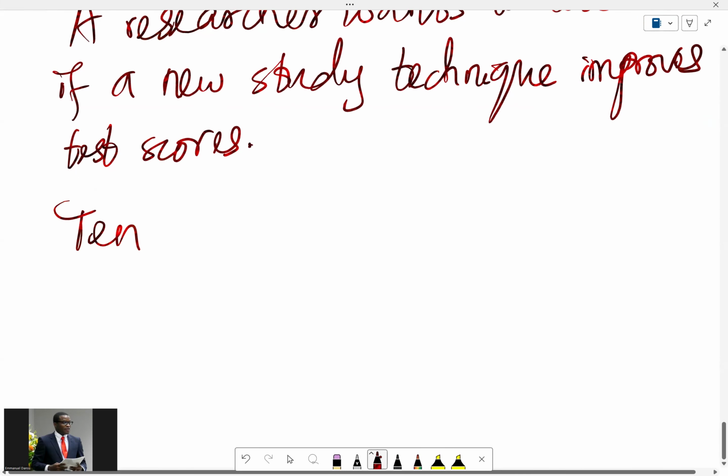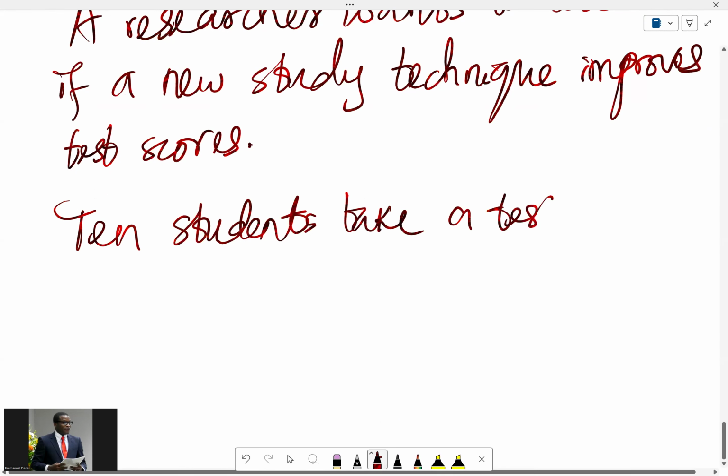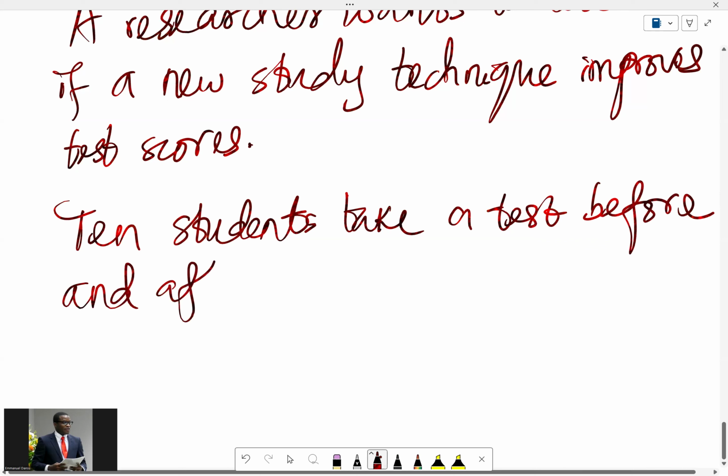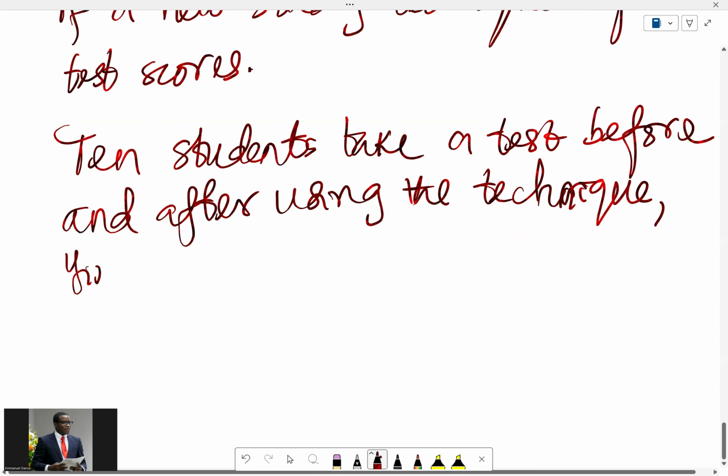Then 10 students, and don't forget, for a t-test you need a sample size less than 30, so 10 students is a good one. The 10 students take a test before and after using the technique, yielding the following scores.